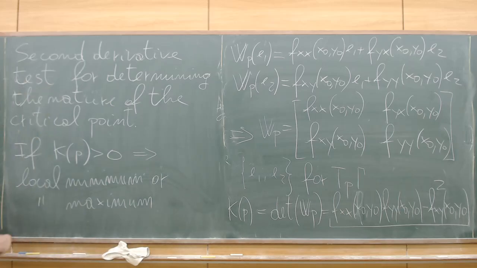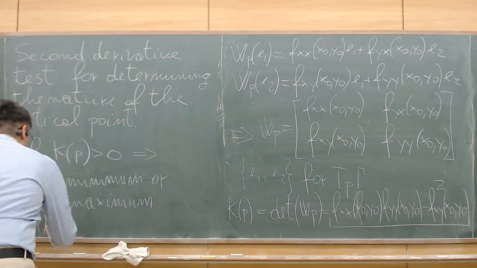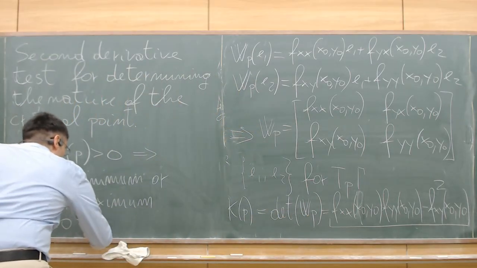Instead, if this quantity, which is the Gauss curvature, is negative, you have a saddle point.